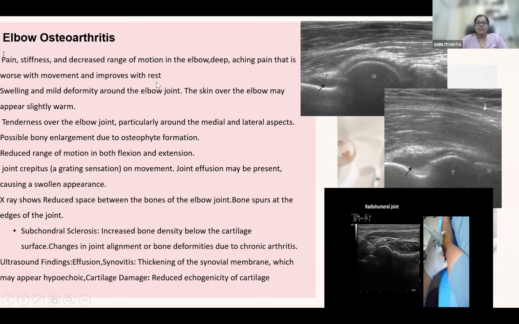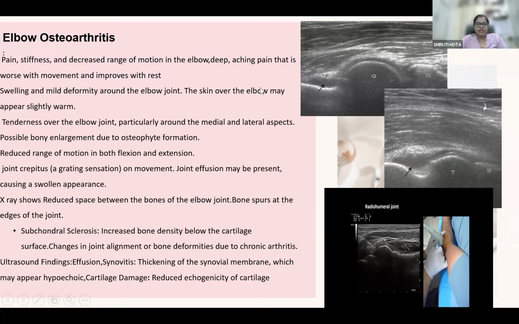That's how you will differentiate whether elbow arthritis is inflammatory or degenerative. Most commonly, elbow arthritis is inflammatory. Degenerative elbow arthritis is very rare, but inflammatory elbow arthritis is very common. And the most common cause is rheumatoid arthritis. Swelling and mild deformity are usually present.